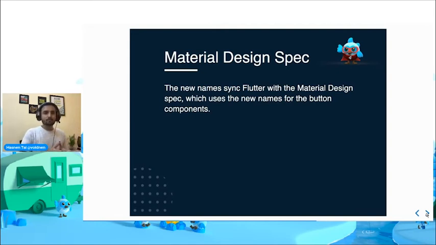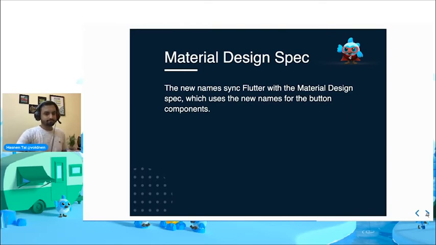One more reason they renamed these buttons was that the material design specs were given new names, as we saw in the second slide: flat button was renamed to text button, and so on. They wanted to sync their Flutter widgets with the material design spec, right? That helps a developer understand how exactly the design system goes for material.